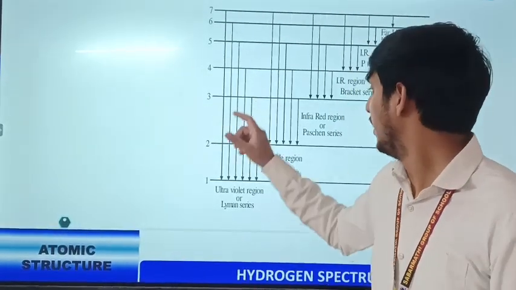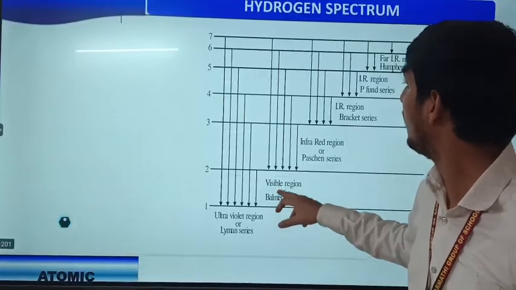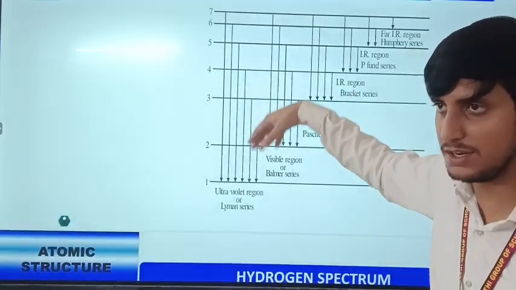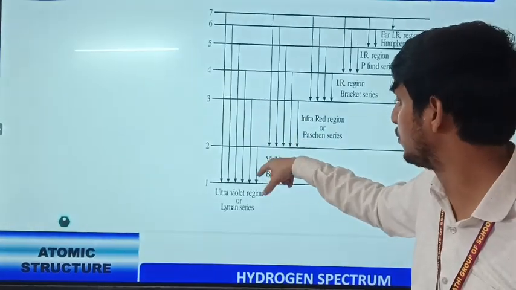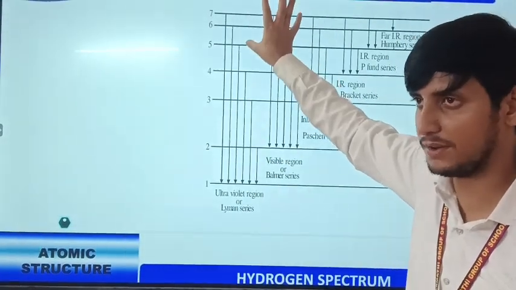Now this is for the hydrogen spectrum. The emission spectrum means 2 to 1, 3 to 1, 4 to 1, 5 to 1, up to infinity.